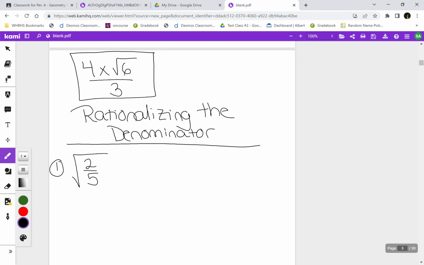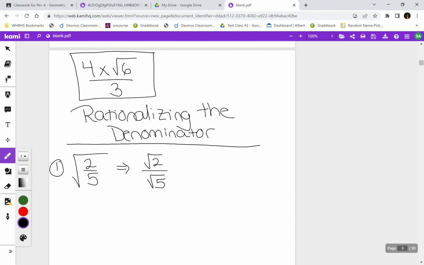You're not allowed to have a fraction underneath the radical. So we're going to go from one illegal thing to another illegal thing. I'm going to split this into the root of 2 over the root of 5. Now I've turned it into something different that's illegal because you're not allowed to have a radical in the denominator either. Are either of these perfect squares? No. So now we need to figure out how to get a radical out of the denominator.